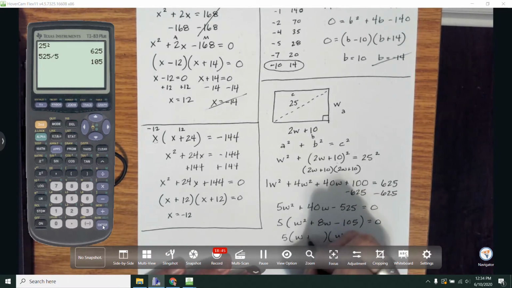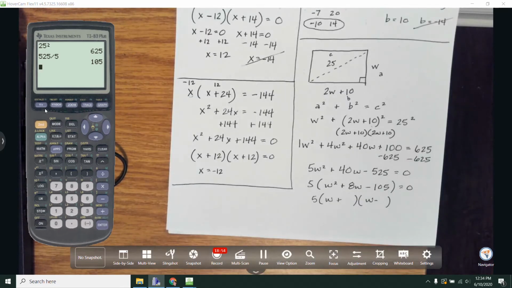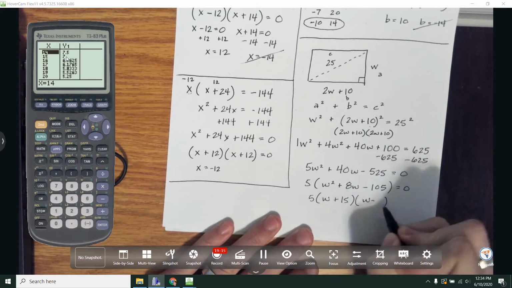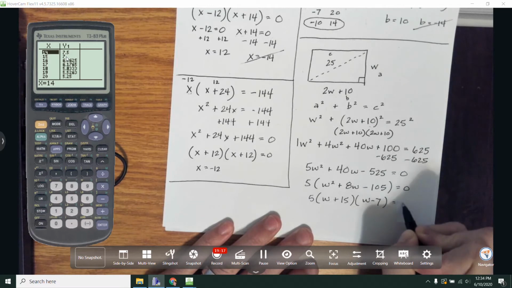We're going to have a positive and a negative on this since our product is negative. So we're looking for something that gives us a product of 105, and they're 8 apart. We jumped right to it. There it is, 15 and 7. So because our 8 is positive, the 15 has to be positive, which makes our 7 be negative.